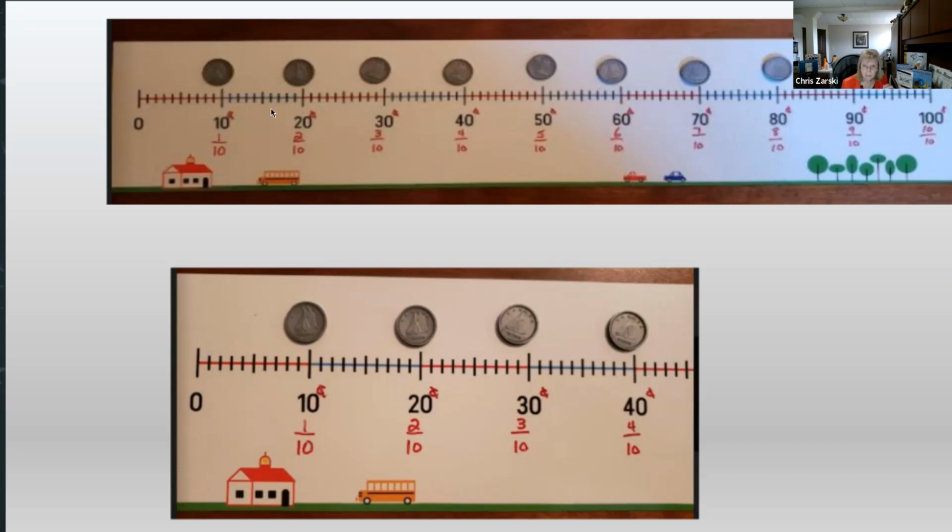So if I use the dime as my marker, this is how much 10 cents looks like. Each jump would be the same distance. This was our first dime out of a possible 10. And although it looks like we've written it as a fraction, we never said it as numerator and denominator, we simply said it was a relationship. This is the first dime out of a possible 10 to make 100 cents or 1 loonie.